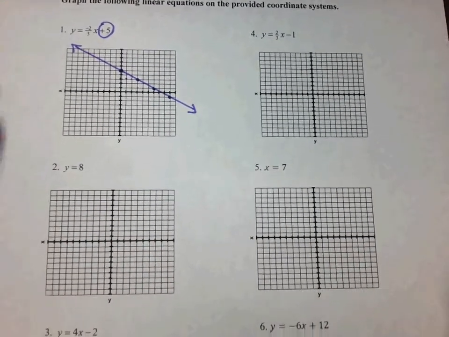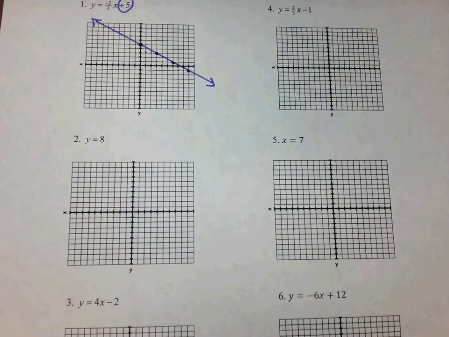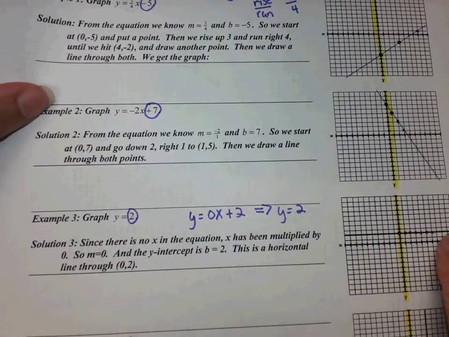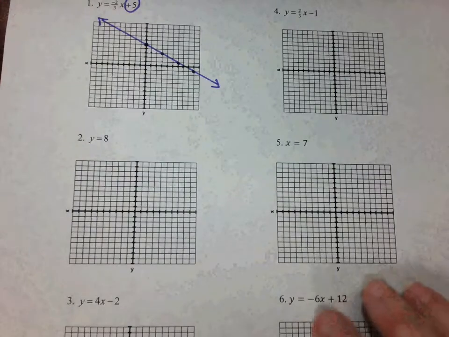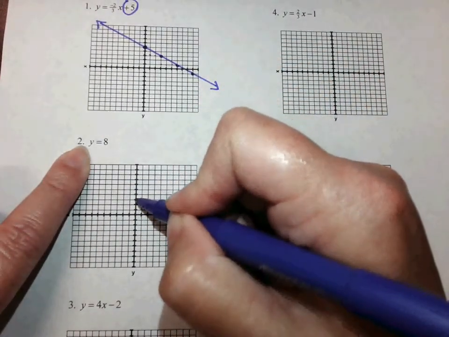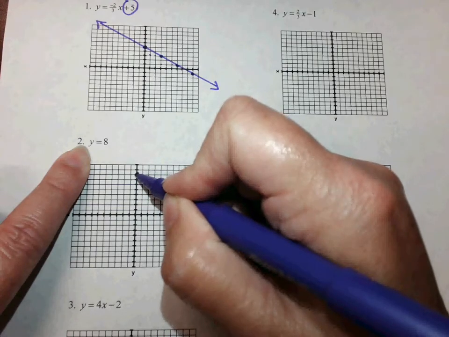Okay? Look at number 2, y equals 8. We said on this page, when you see something like that, it's a horizontal line, right? And my y-intercept actually is 8, so I'm going to go to the 8. 1, 2, 3, 4, 5, 6, 7, right there. And it's got 0 slope.